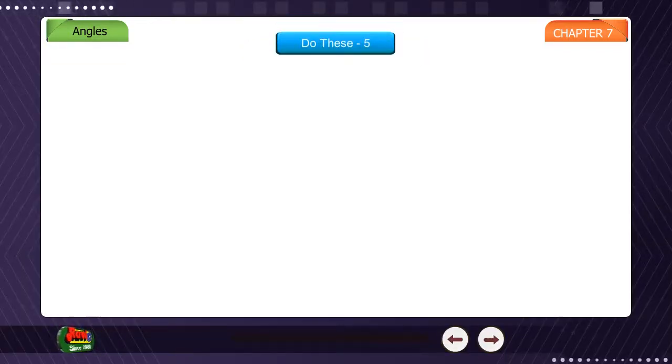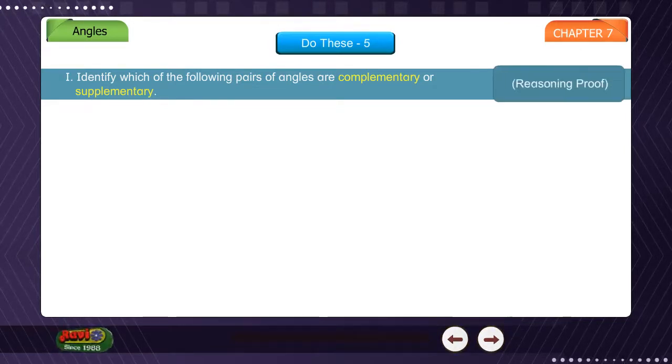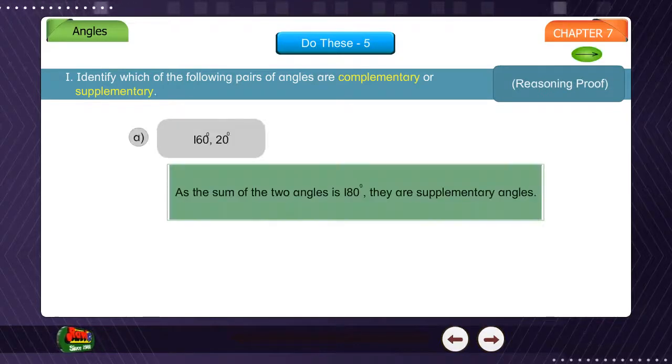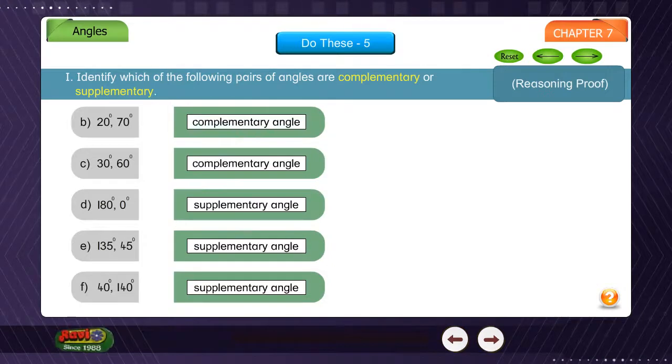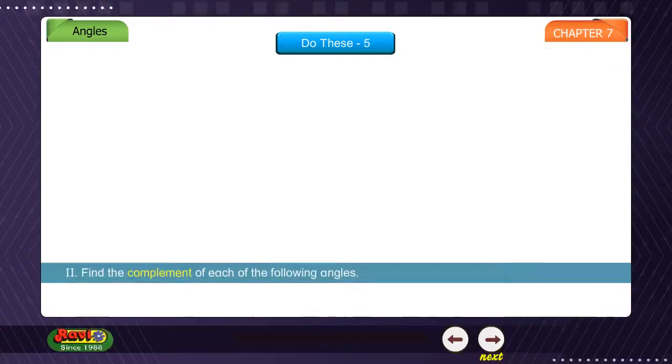Do these. 5. 1. Identify which of the following pairs of angles are complementary or supplementary. Reasoning proof. 2.